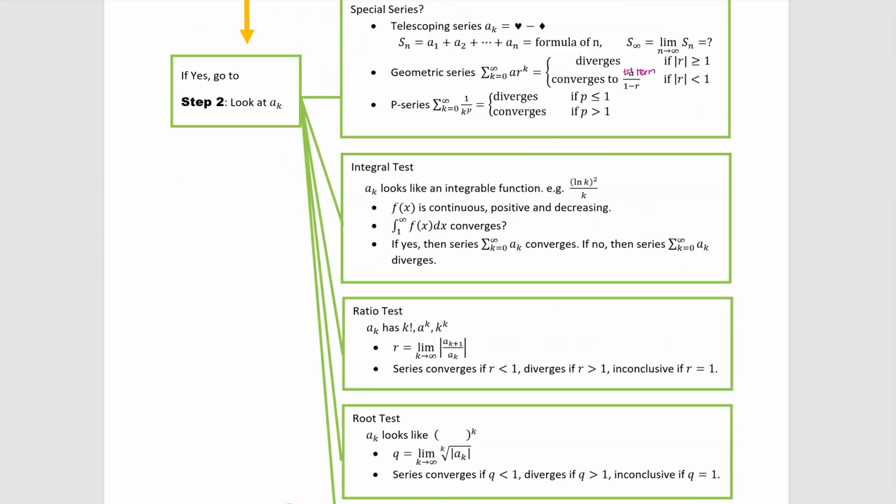Usually, if you can see some factor is the derivative of some other term, then think about the integral test because you can solve the integral by u substitution. So for example, in this problem, you can see 1 over k is the derivative of ln of k, if k is a variable.